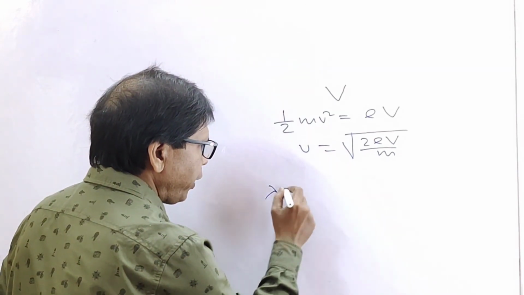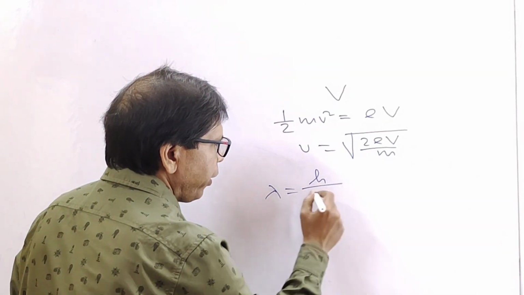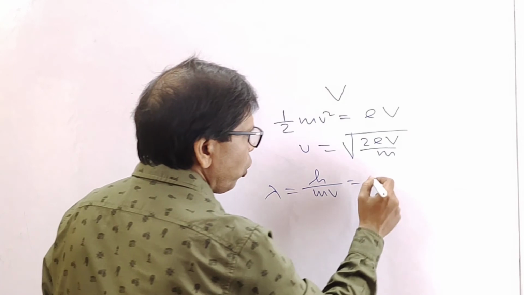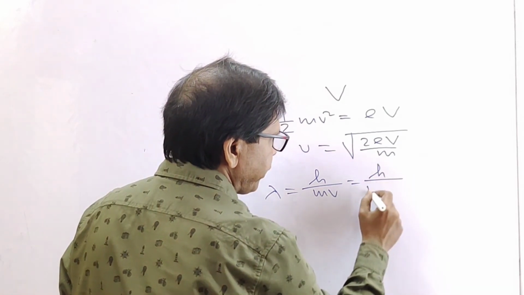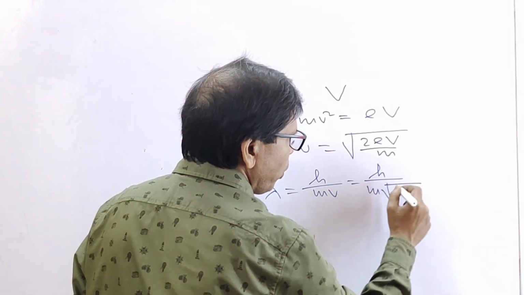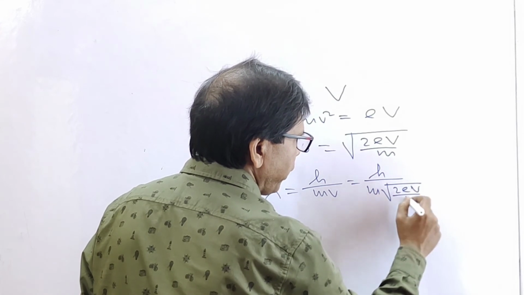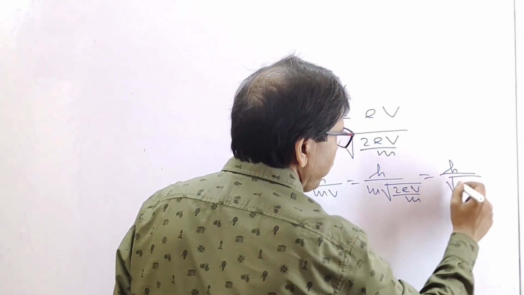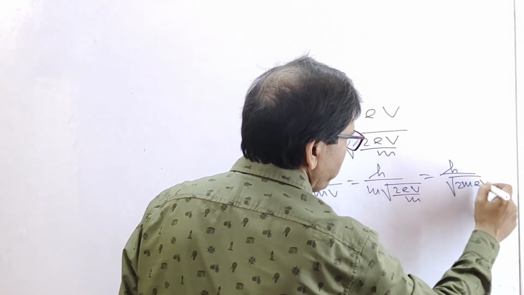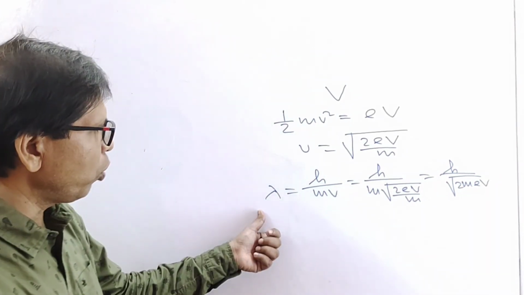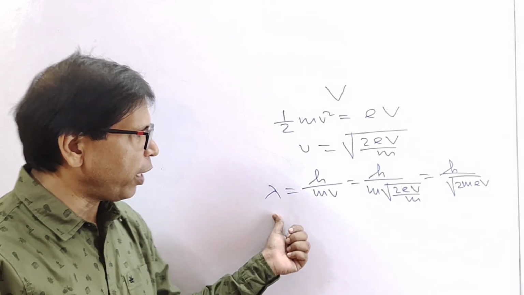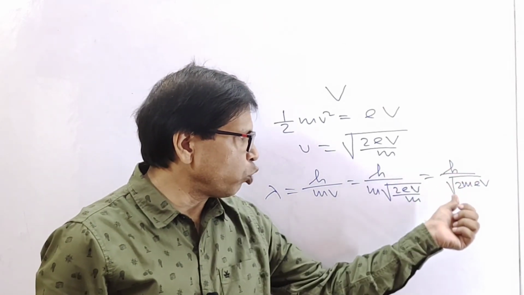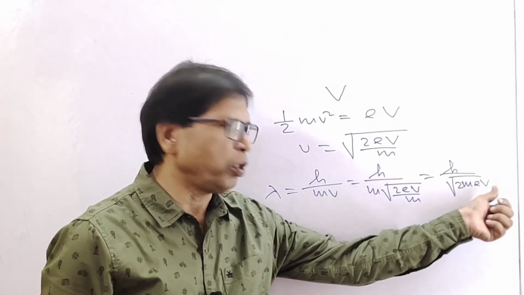Therefore lambda is equal to h by mv, so h divided by m into root under 2eV by m, therefore lambda is equal to h by root under 2meV. So the de Broglie wavelength lambda is equal to h by root under 2meV.